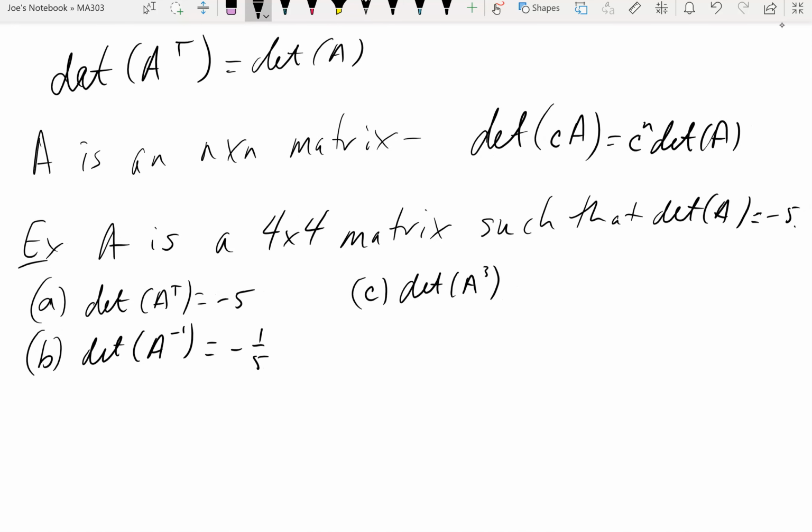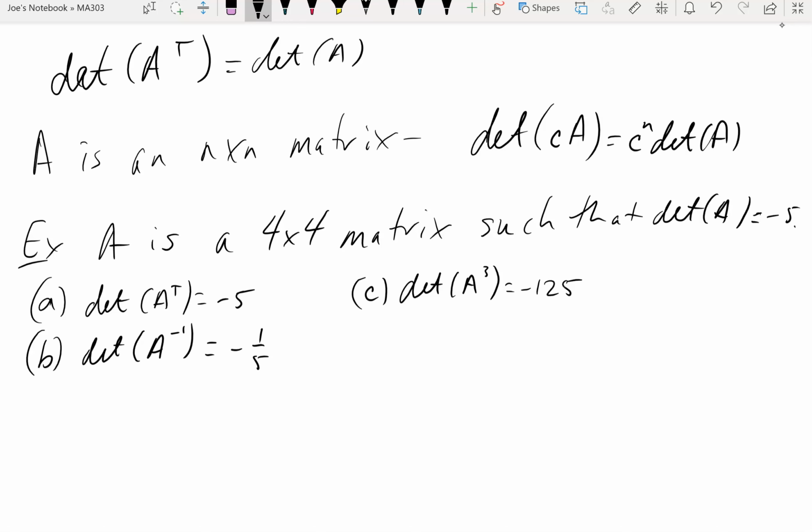It's -125, right? Because I've got to cube that negative too. Remember, determinants break up over products, so you can pull powers out as well. So the determinant of A cubed is the same thing as determinant of A quantity cubed.